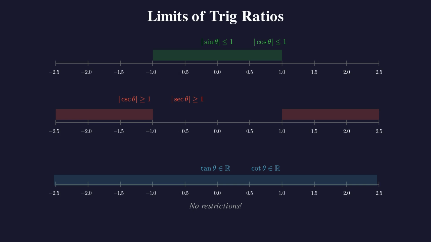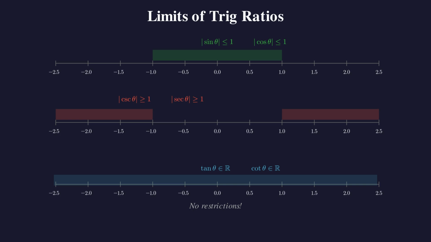The base OM can never be longer than OP. So cosine is also trapped between -1 and 1. And if sine and cosine max out at 1, then their reciprocals, cosecant and secant, must be at least 1. You can't flip a fraction that's at most 1 and get something less than 1.